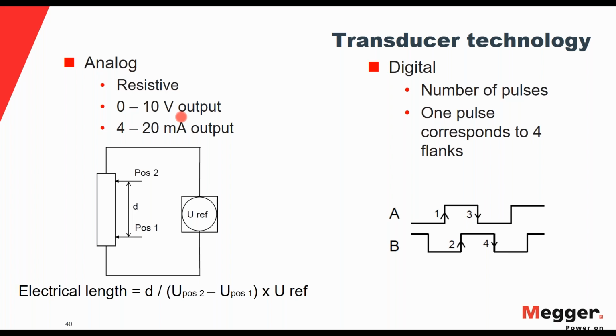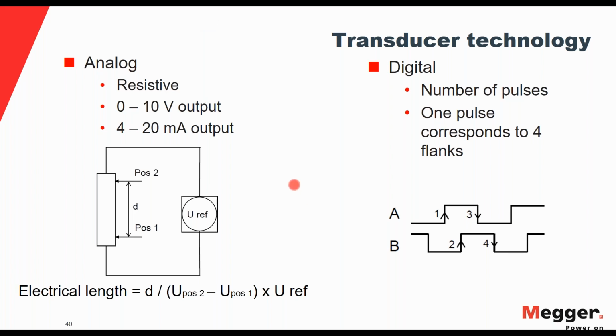The voltage will change in the transducer. Or as a milliampere current, usually 4 to 20 milliampere current. So whenever the motion changes in this transducer, one of these values, whether it's resistive, voltage type or current type, will change accordingly. And I can find the whole length by finding the first position, then the second position of the voltage or current or resistance, and take the conversion of motion from that.